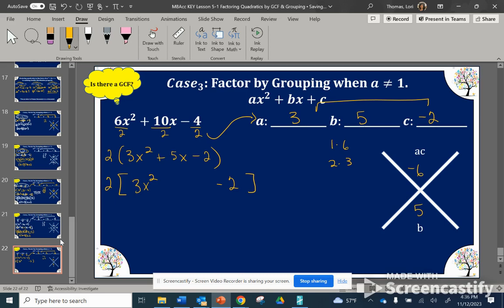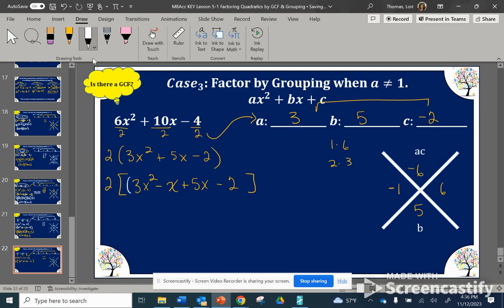So if we use 2 and 3, 1 would have to be negative. That could not give us a 5. So it's the 1 and the 6, and the 1 needs to be negative, because negative 1 plus 6 gives us positive 5. So we're going to break down 5x and split it into negative 1x plus 5x.